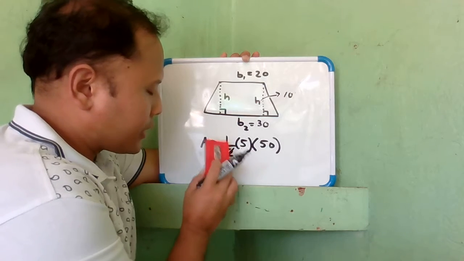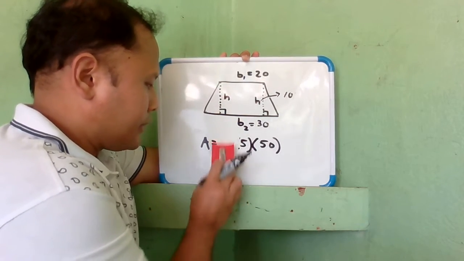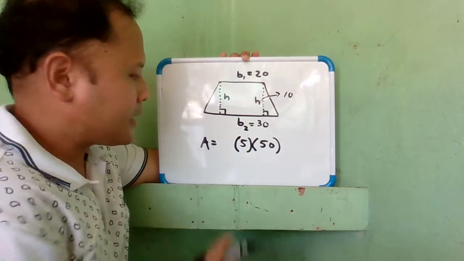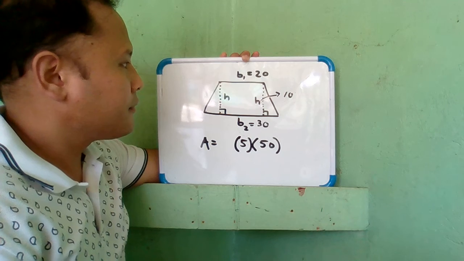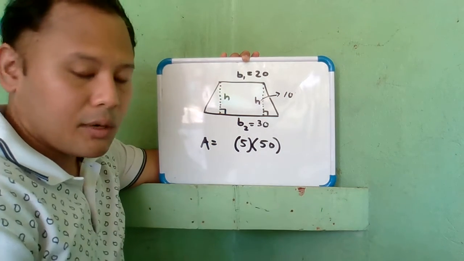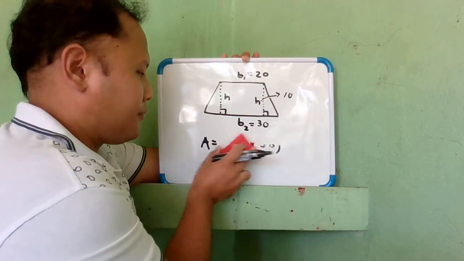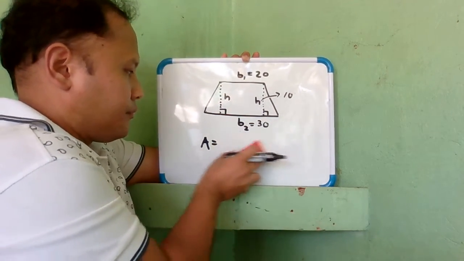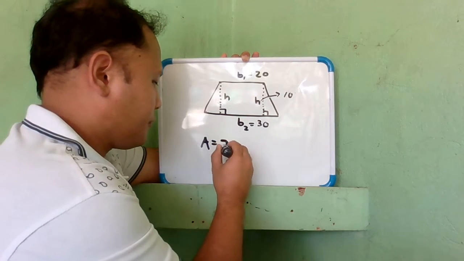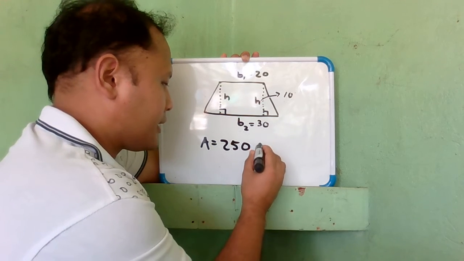This quantity 1/2 is now deleted. So what is left is 5 times 50. Okay, so 5 times 50, that is equal to 250. Okay, square units.